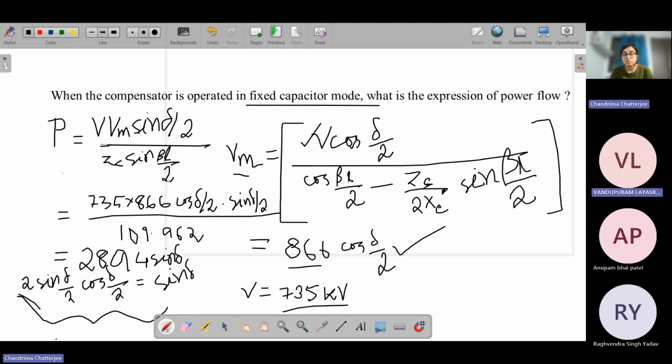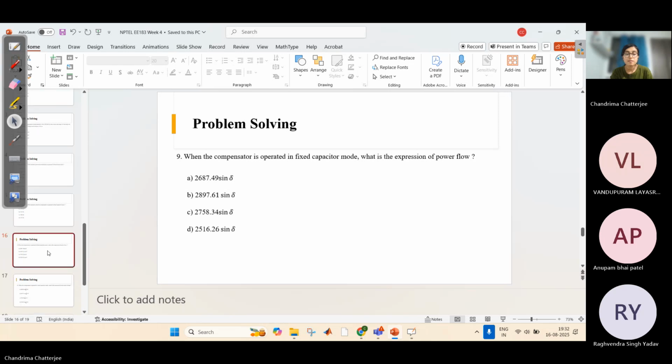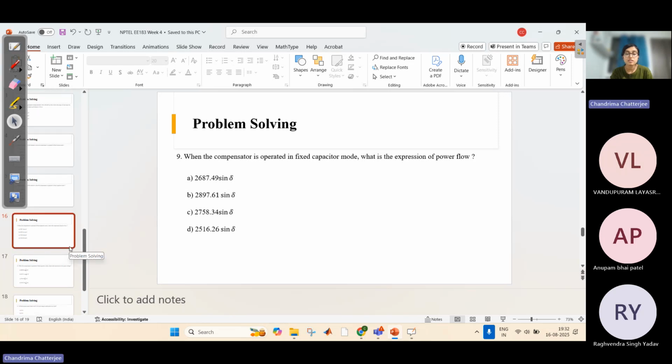You need this 2 to make it sine delta, so you will have to divide by 2 also to get the sine delta expression. Okay, ma'am, now I understood. Yeah. So the correct expression, 2894, I was getting. So option B, I guess. 2897. This is the closest one. Okay.